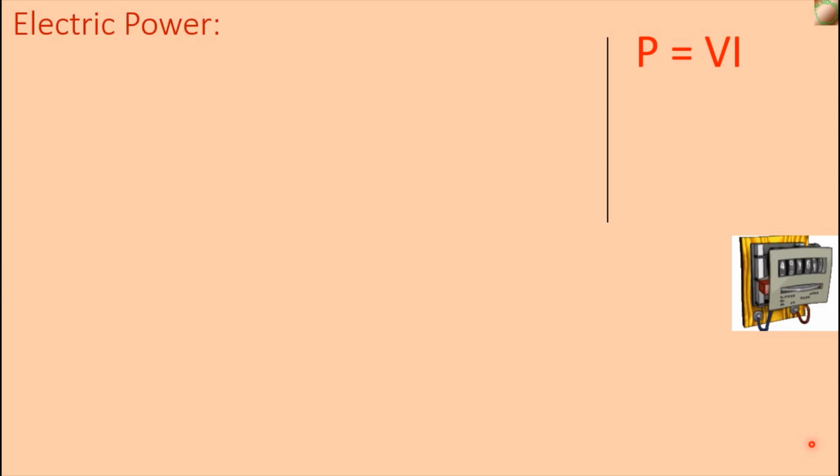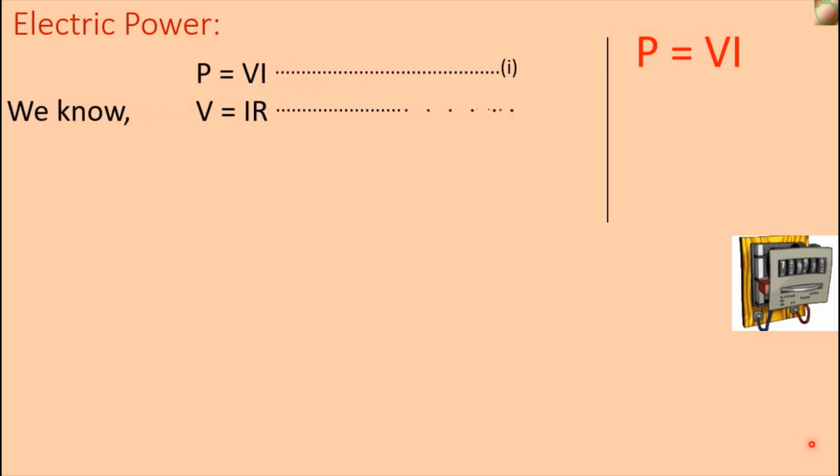We know P is equal to VI, and V is equal to IR, from Ohm's law.